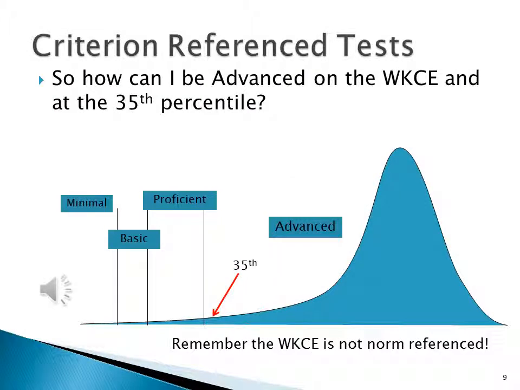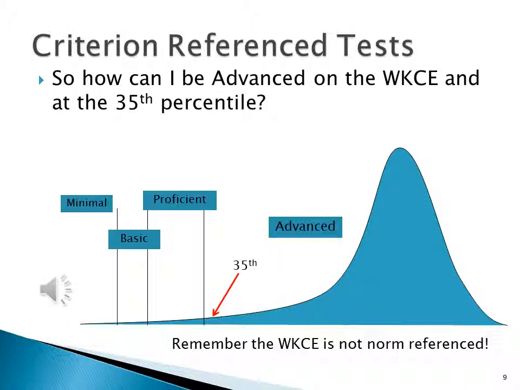Here's an example of a criterion-referenced test, the WKCE. Now I'm using the old cut scores on this example. How can I be advanced on the WKCE and also at the 35th percentile? Remember that the 50th percentile is average. The case is that because the WKCE is a criterion-referenced test, anybody can obtain the criteria.